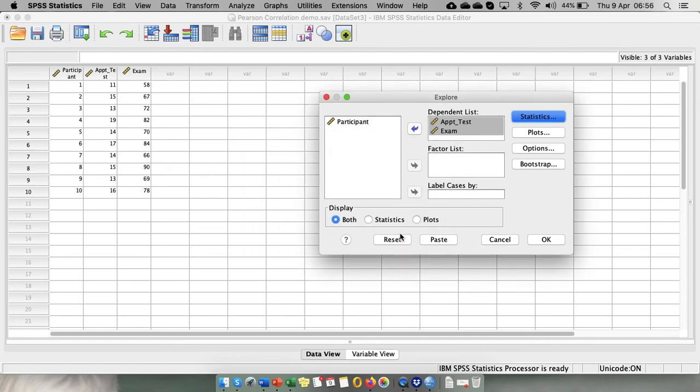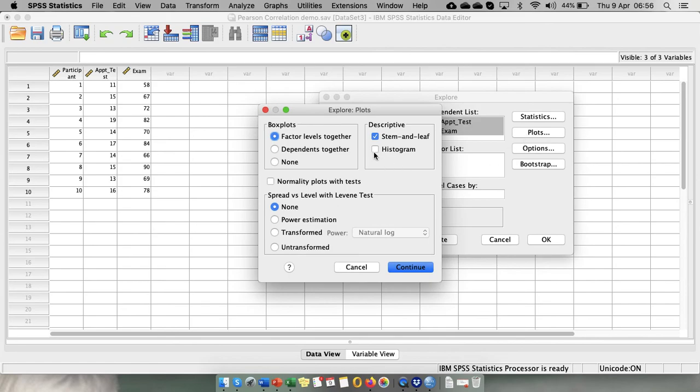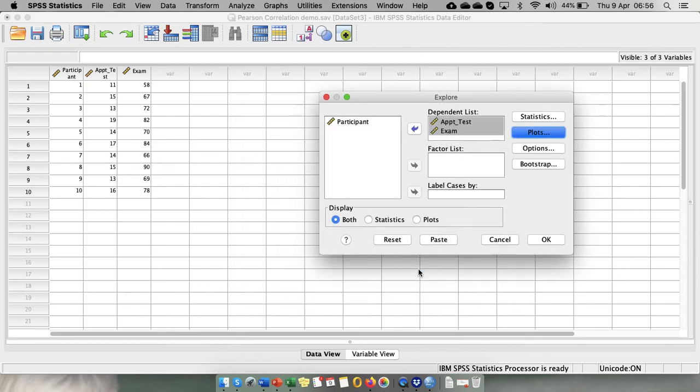Press Continue, and then go to Plots and request histogram and normality plots with tests. Click Continue. So now we're set up to test the distribution of the two variables as well as screen for the outliers. Press OK to run the screening.